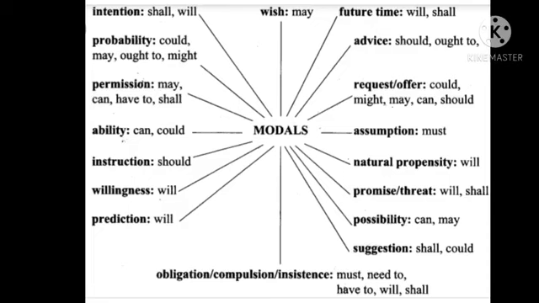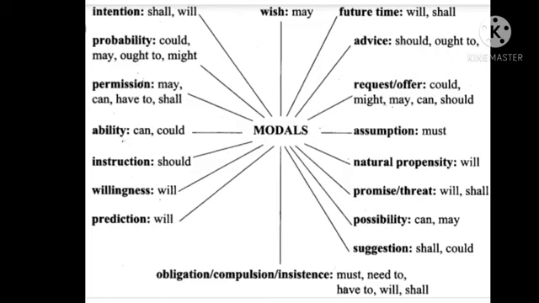Now we can see in detail the role of every modal. The modals shall and will are used in order to show intention. Then in order to show probability, we have could, may, ought to, and might. Probability means chance.